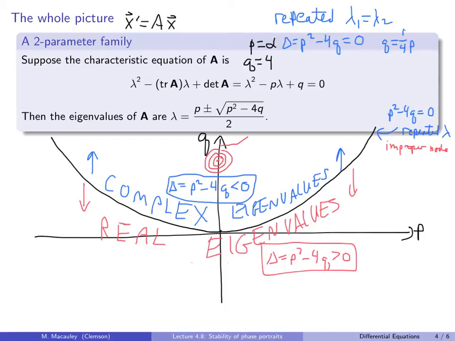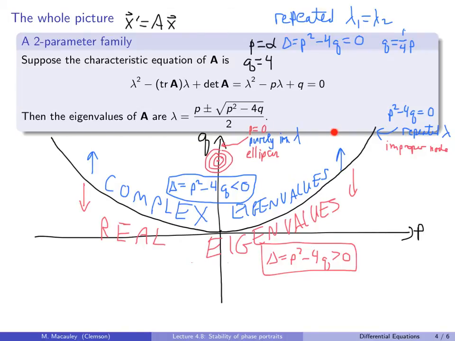So points on here are going to be when p equals 0. That's when we have purely imaginary eigenvalues. And so we have ellipses. Okay, so that takes care of these.